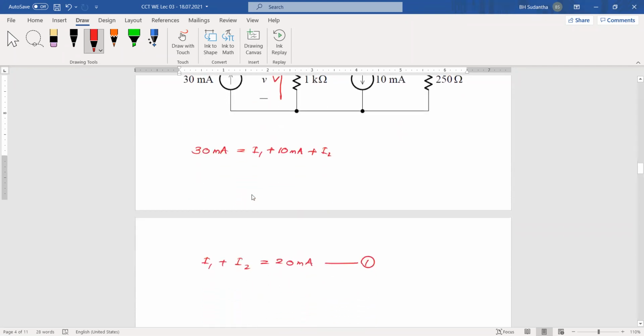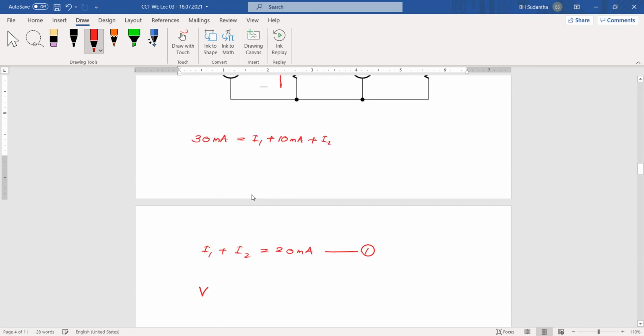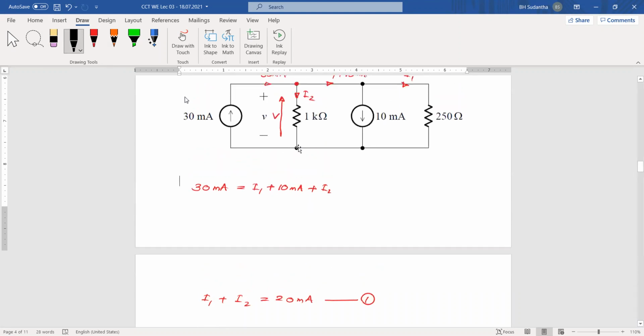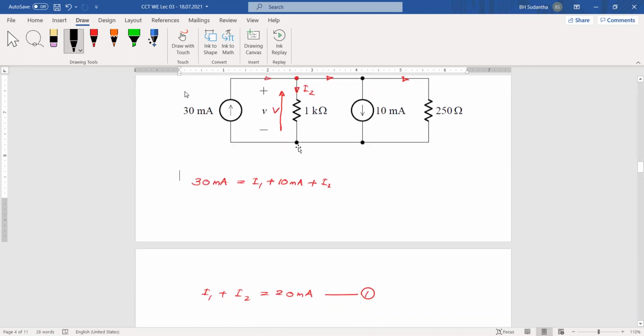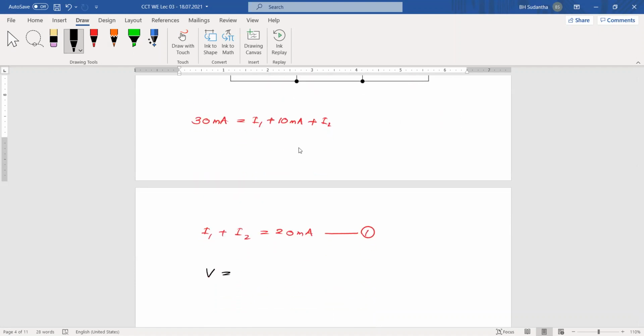Then for V, we can write an equation: V equals I2 times 1K. This is the second equation.